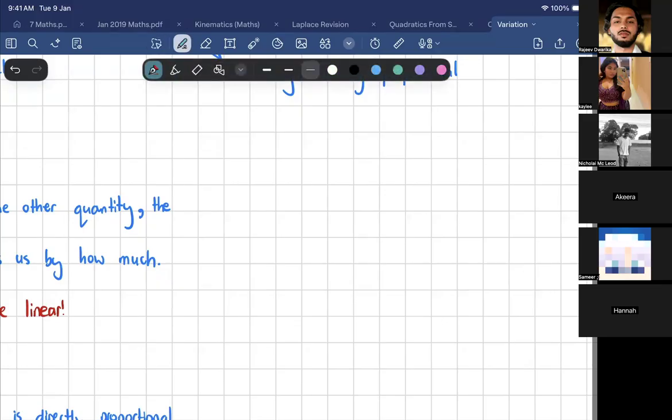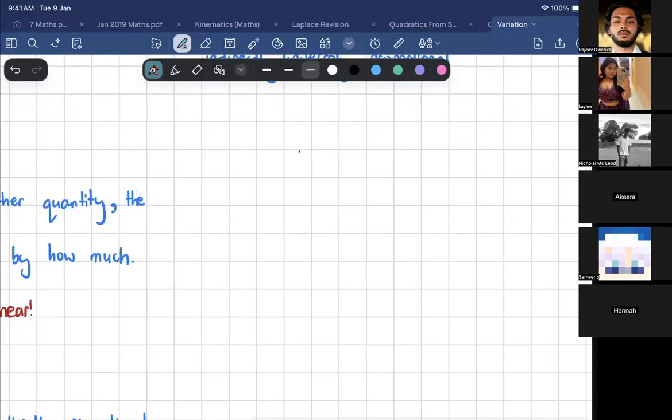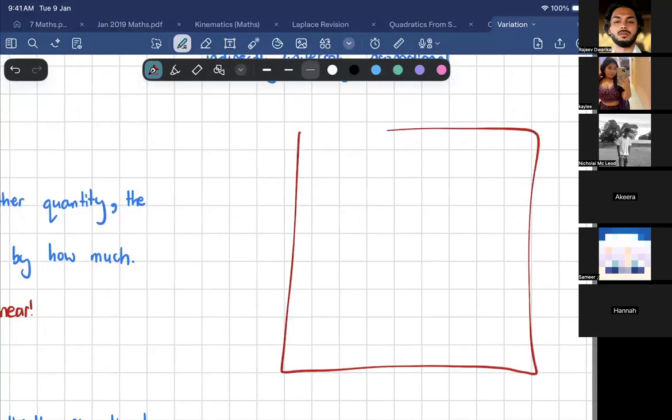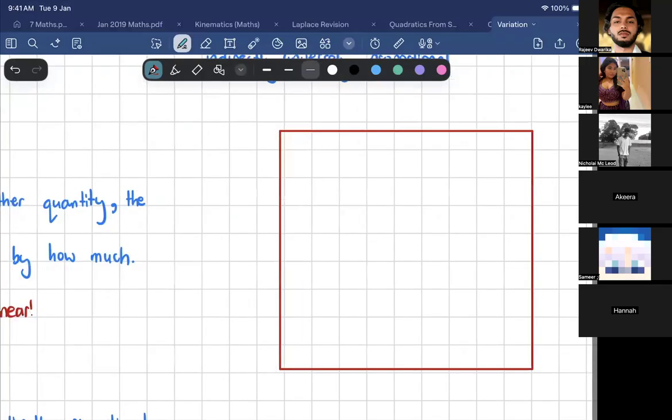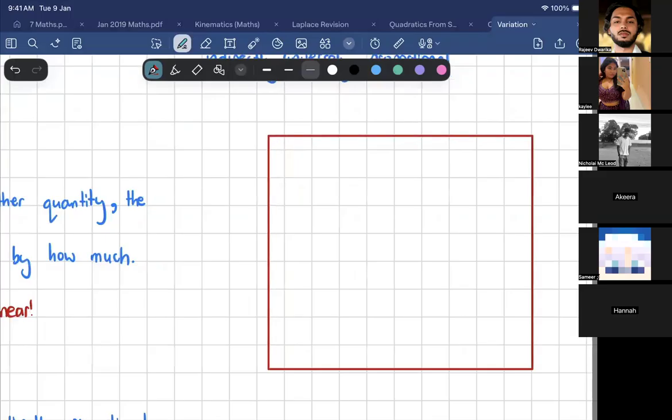Well, the word directly proportional, it's like it's equal. That's not good enough. I need it to be more precise. Okay, so directly means, well, a straight line.